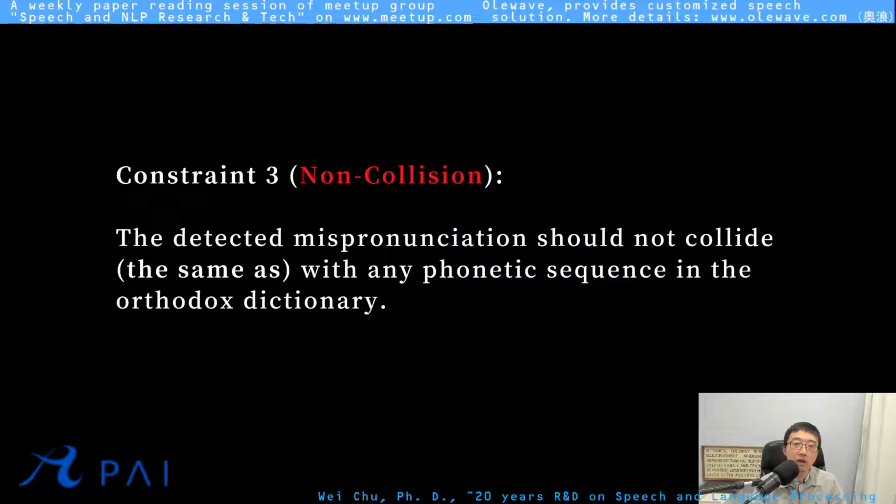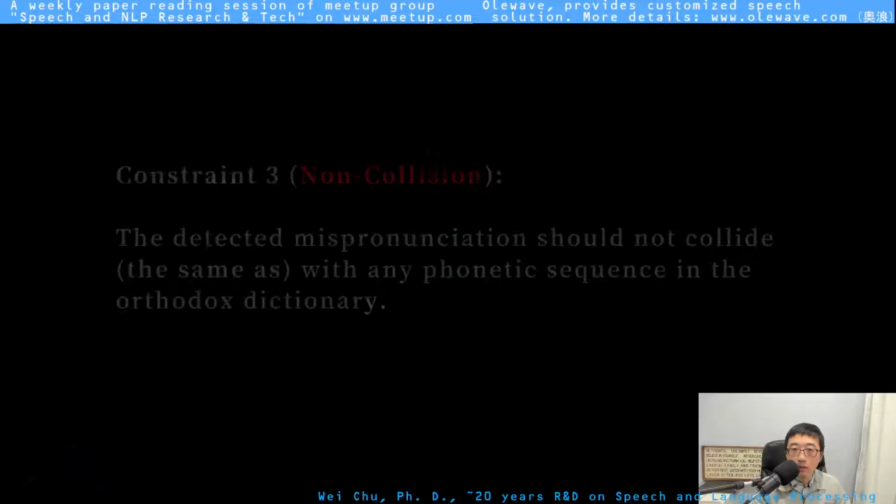This is a good direction. This is promising. And if you have your own ideas about whether you could keep certain mispronunciations even when the collision appeared, you can give it a try by yourself. So this is just to show that it's working.